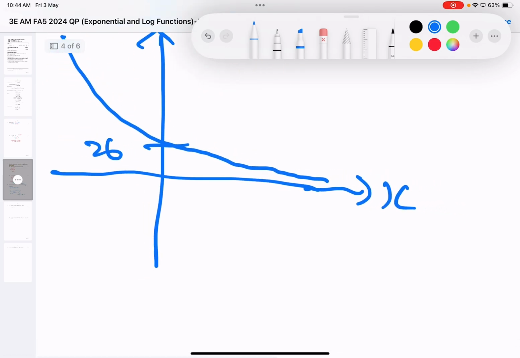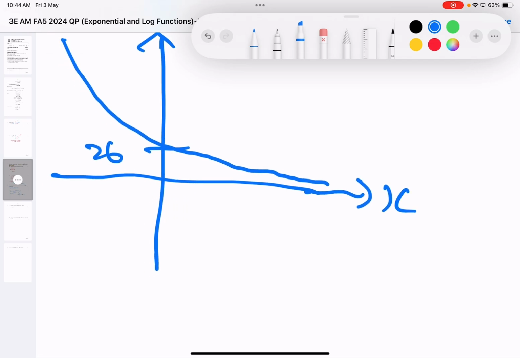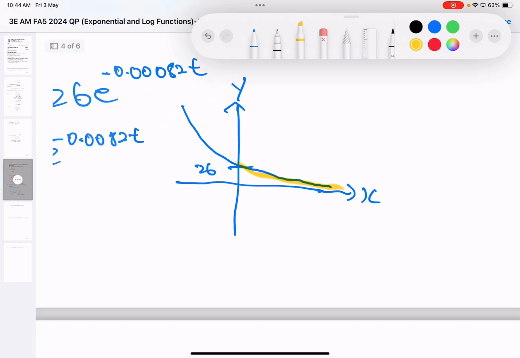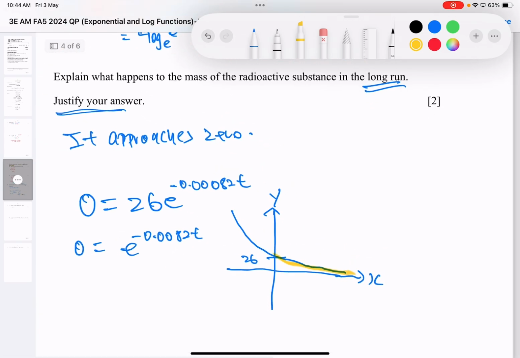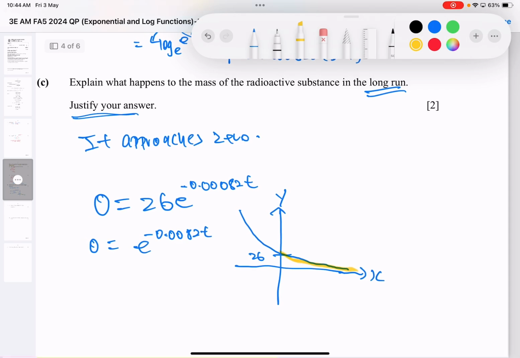Now, this curve is going to approach 0, but it will never touch it. We call this a horizontal asymptote. An asymptote just means that it approaches very, very closely, but you'll never ever touch it, even if you extend it infinitely long. So the concept for exponential curves is that they will never go to 0.